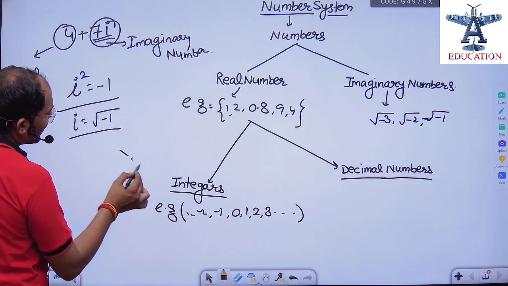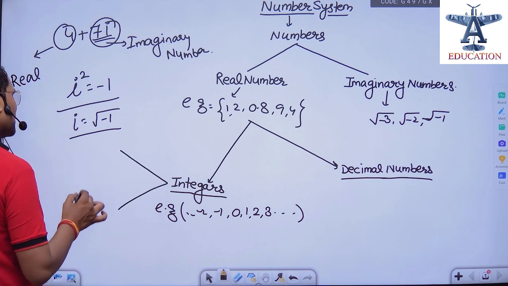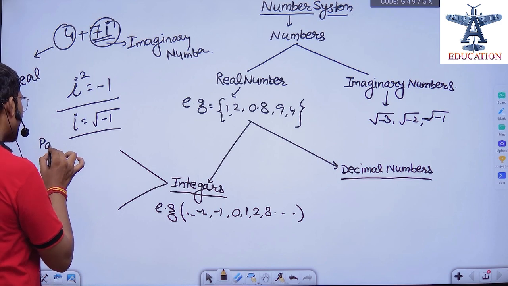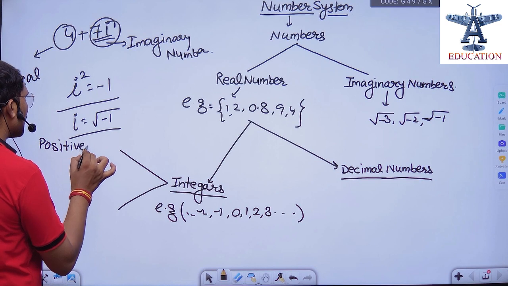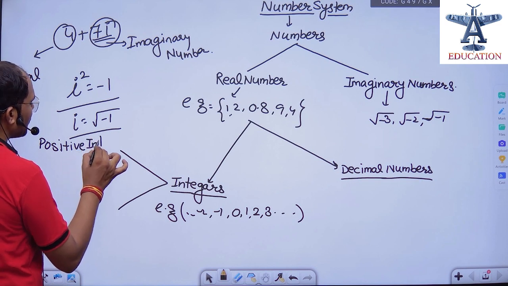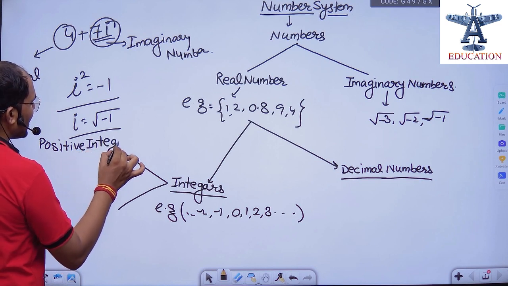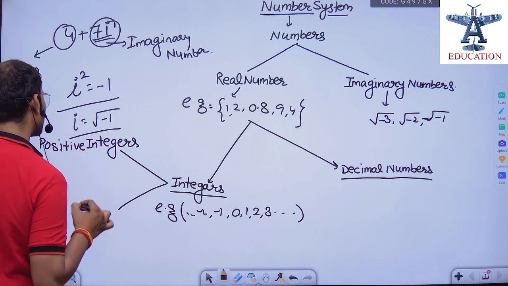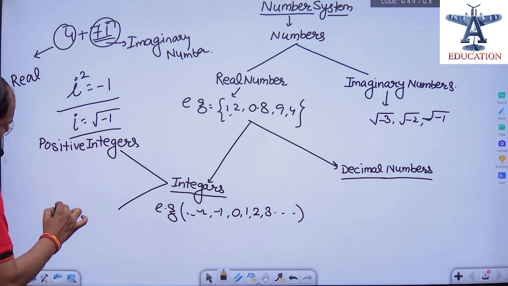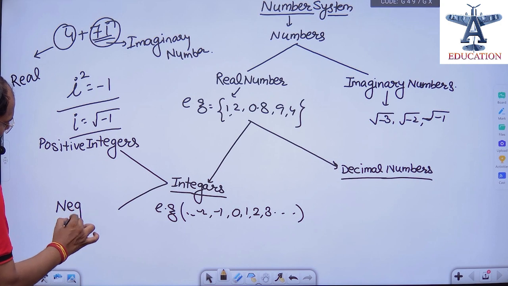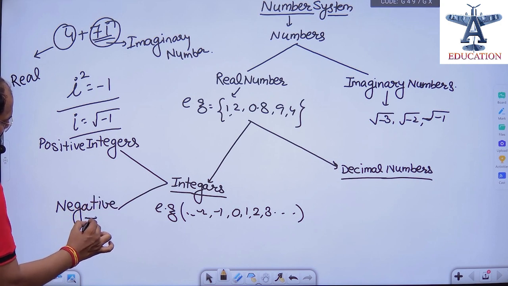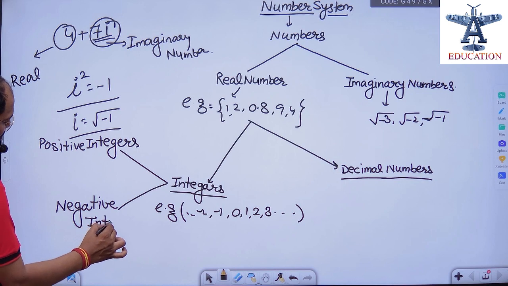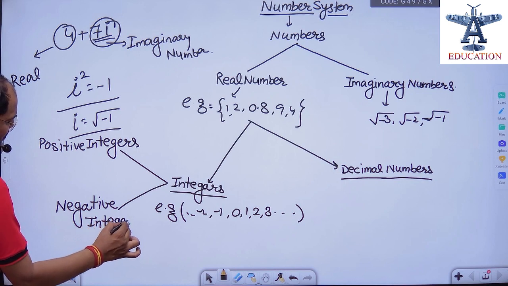Integers are further subdivided into two parts. First one is positive integers and second one is negative integers.